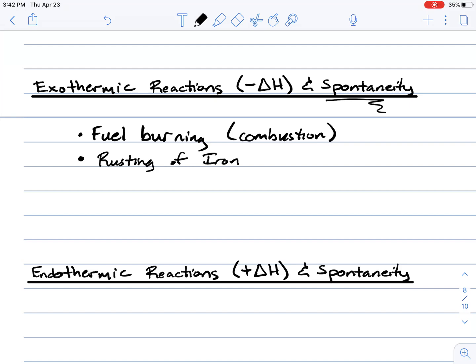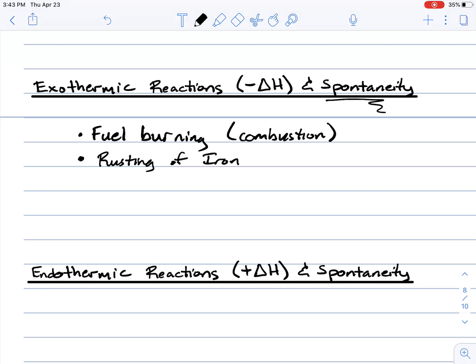And so the release of heat is actually not apparent. If you take a nail, you won't get warm from hovering around an iron nail rusting.